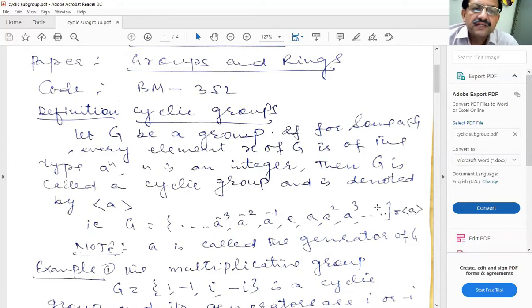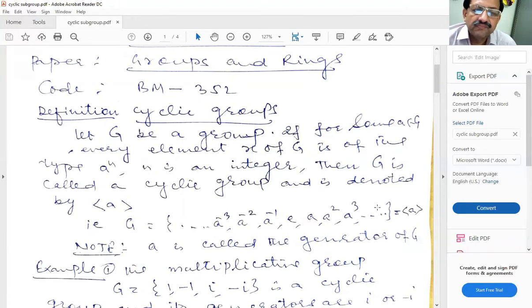So this means a is some element of group G, and every element, you can call it x or y or z, every element x of G can be written as a raised to power n, where n is any integer, then G is called a cyclic group.